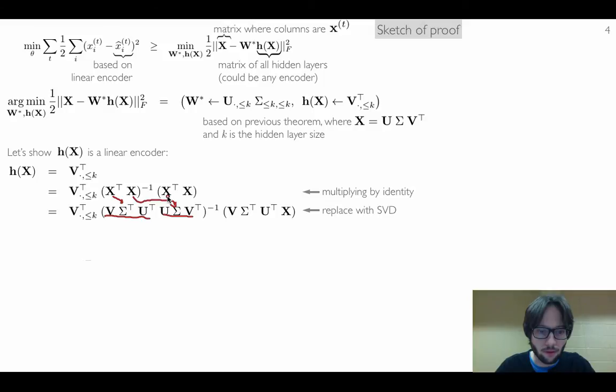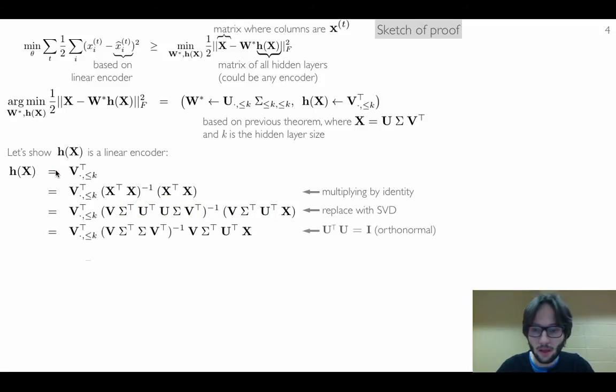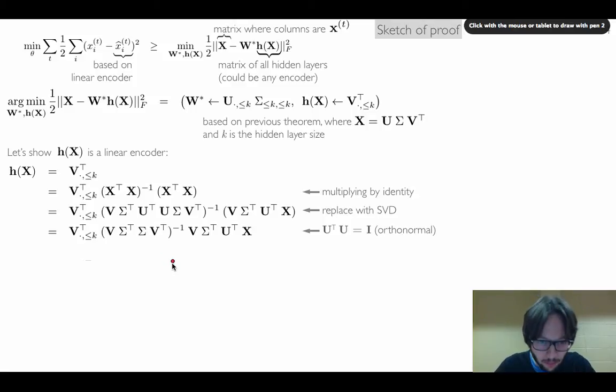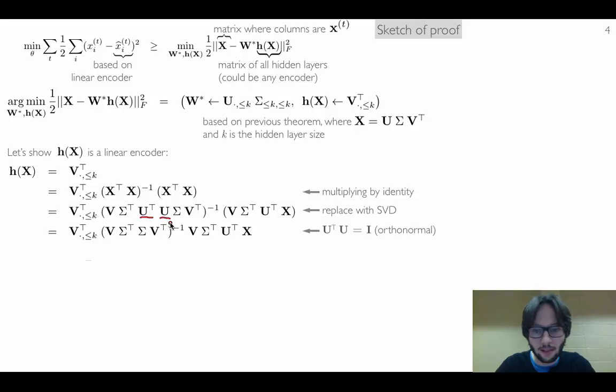Similarly for that matrix, I'm going to take the singular value decomposition of that matrix, which we find here. Then we notice that this times that is just the identity matrix because U is orthonormal. So we just get this expression. These two cancel out.